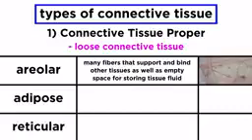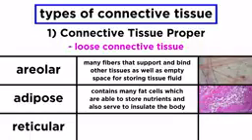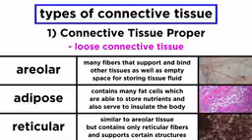The areolar variety has lots of fibers that support and bind other tissues, with lots of empty space for storing tissue fluid. This is the most abundant connective tissue, wrapping around some structures and cushioning others. Adipose connective tissue consists of fat cells, which store nutrients and insulate the body. And reticular connective tissue is similar to areolar, but with only reticular fibers supporting certain structures in the body.